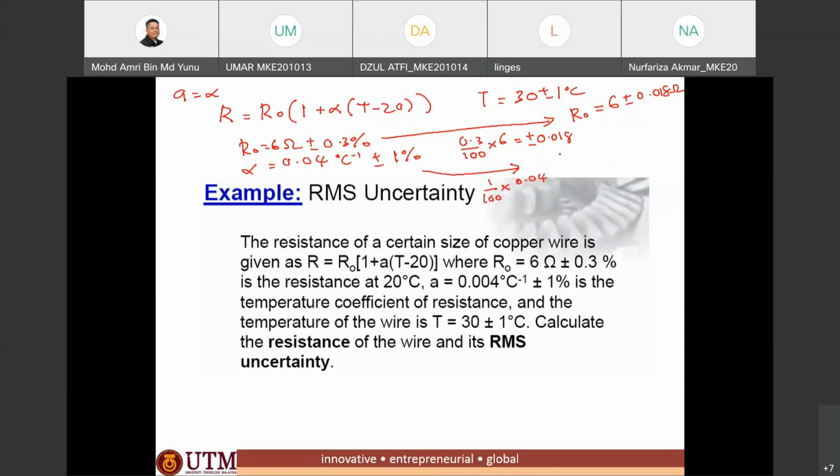So we get that alpha is equivalent to 0.04 plus minus 0.0004, per °C, C^-1.